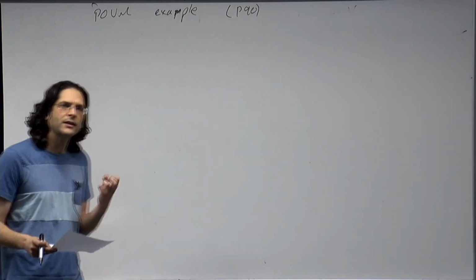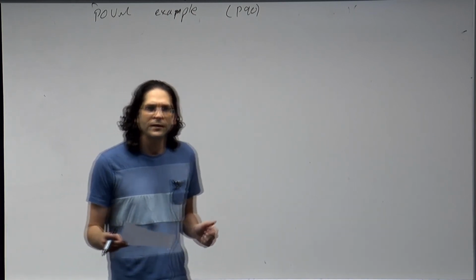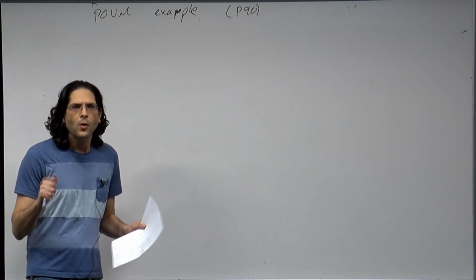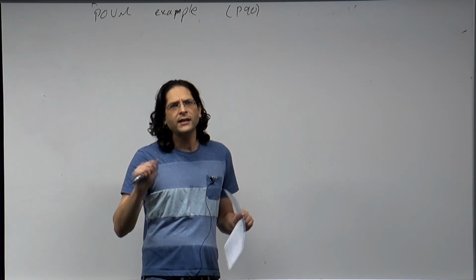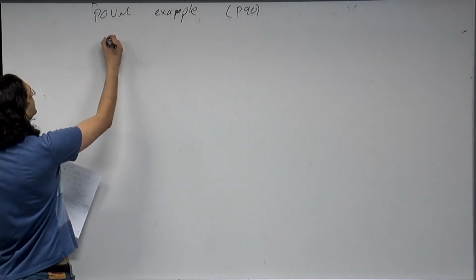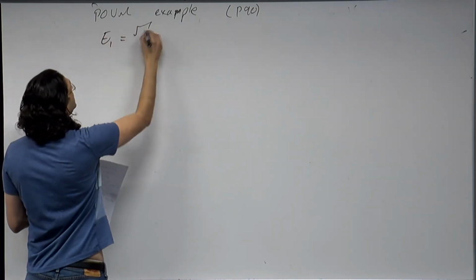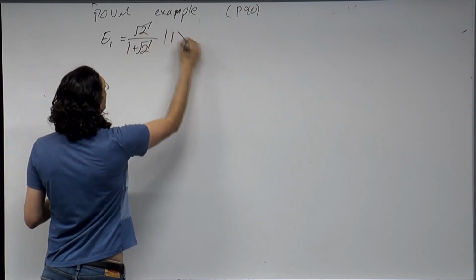But we can construct a measurement that will do a relatively good job of it. We're going to construct a POVM, and this POVM will never get it wrong, and when it gets it right, it will have the right answer. So let me write it down, the POVM. E1 is going to be square root of 2 over 1 plus square root of 2, times 1.